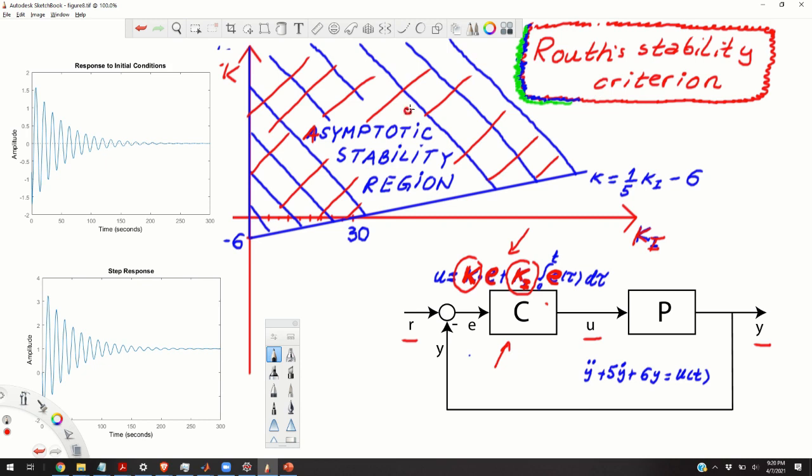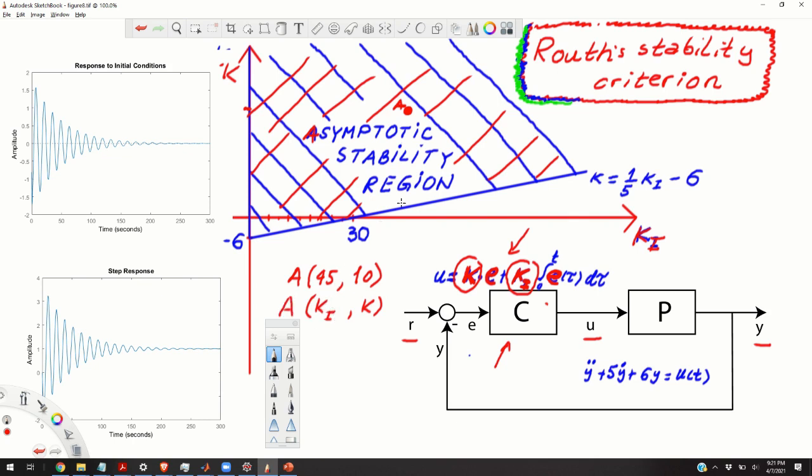So by selecting, let's say this point, with certain values of the parameters, let's call this point A, and let this point A be defined, for example, as 45 and 10, where these values correspond to Ki and K parameters, the system will be asymptotically stable.